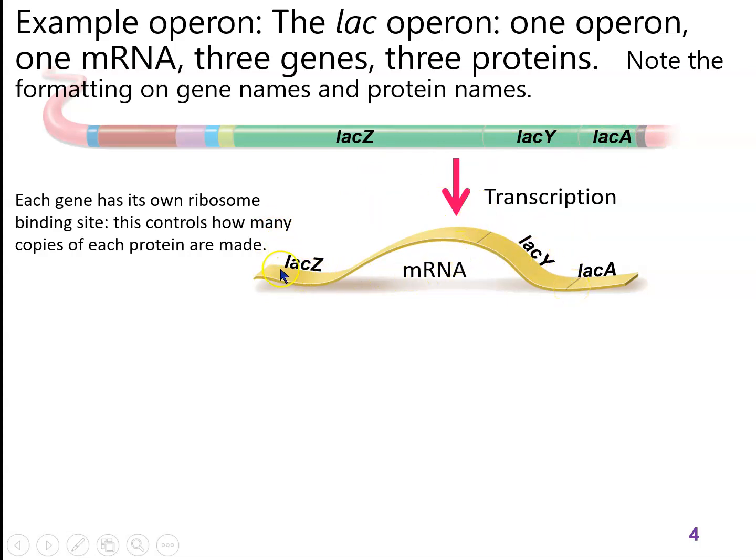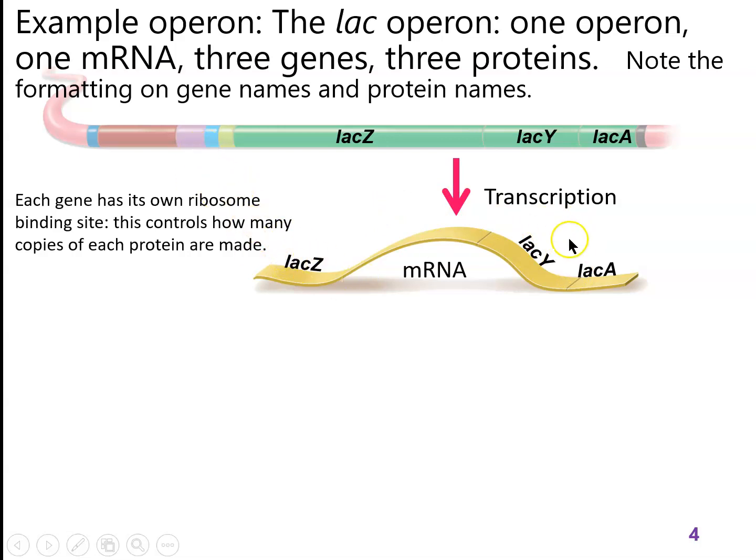So translation is going to happen separately for each of these. You're going to make 3 separate proteins. And the proteins are different sizes, and the cell can choose to have more of this one than of this one, or vice versa, because each one is independently regulated in terms of translation.